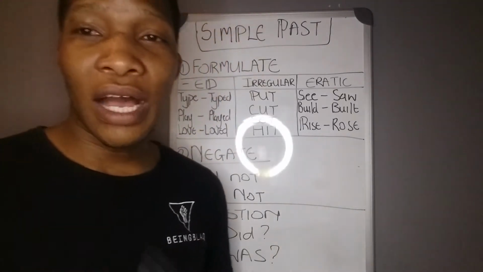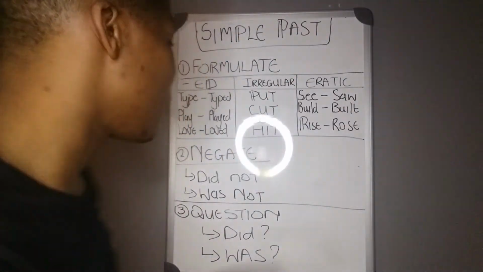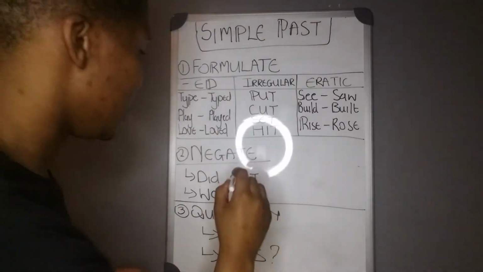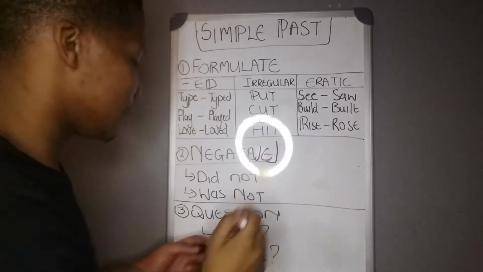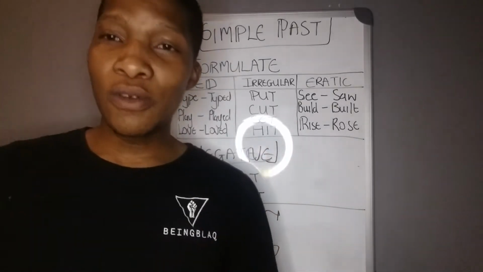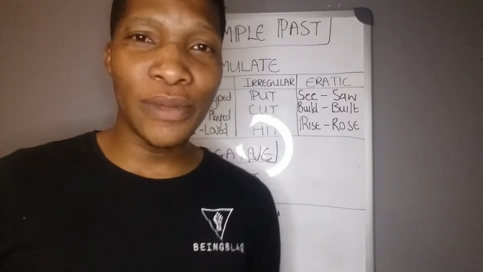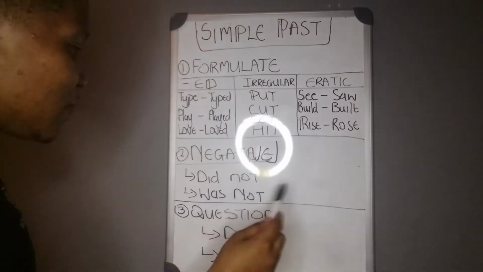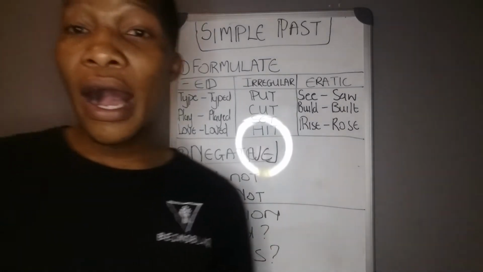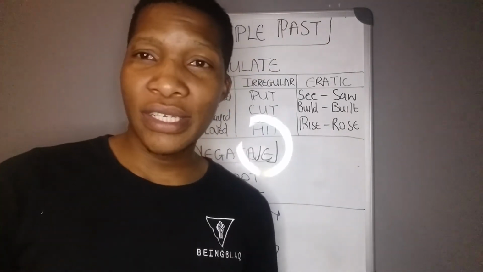Now we move on to the second use, which is negative. You can make a negative statement in the past tense by using these phrases: I did not play soccer yesterday.